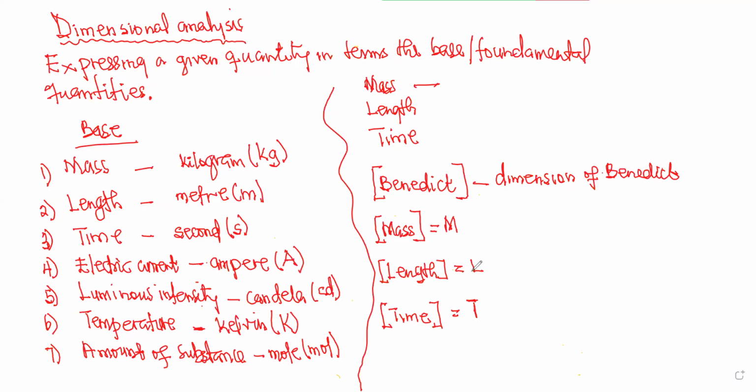Class, are we okay? So this is it. Basically, all that we are saying is that at your level, expressing a given quantity in terms of the base units, mass, length, and time, is what dimensional analysis is about.